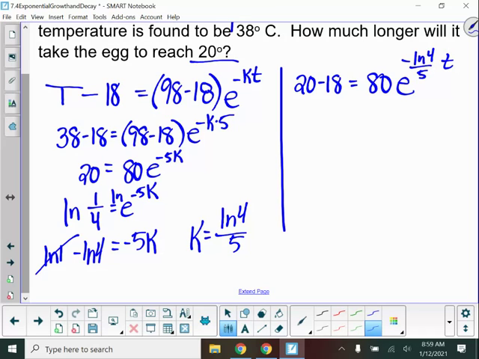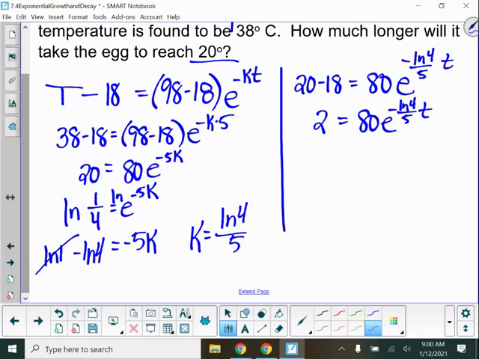Notice my k wasn't negative, but the formula has a negative with the k, so that's why it looks like it goes back to a negative value. This is not something we would be able to solve on our own. This is something that you would have to put into the graphing calculator to solve.